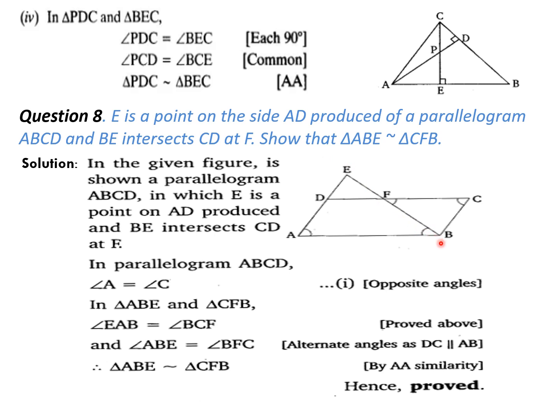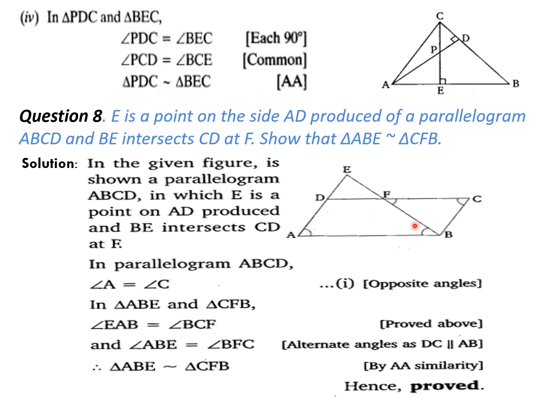If BE is a transversal, then we can say that angle ABE right over here is alternate to this angle. These two angles are alternate to each other because BE or FB is a transversal for the parallels CD and AB. So let's write it over here. In a parallelogram ABCD, angle A is equal to angle C because they are opposite. And in triangle ABE and triangle CFB, the same thing can be written.